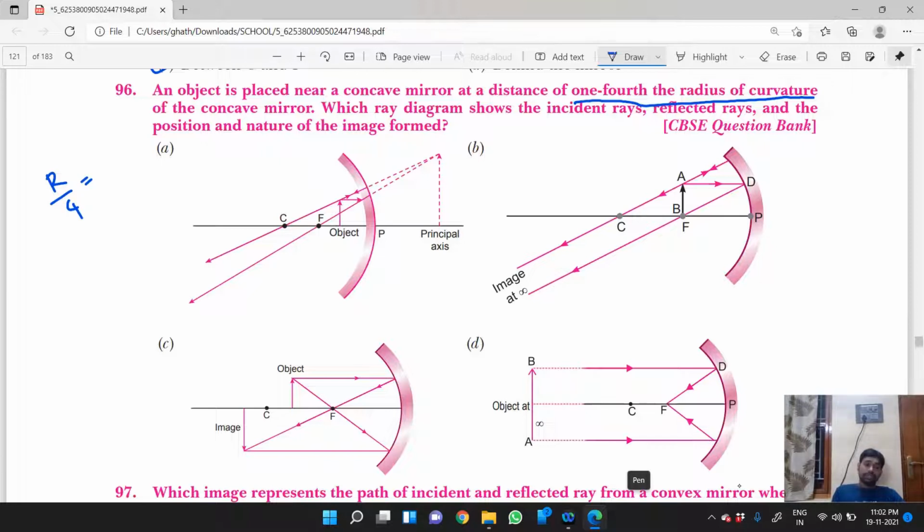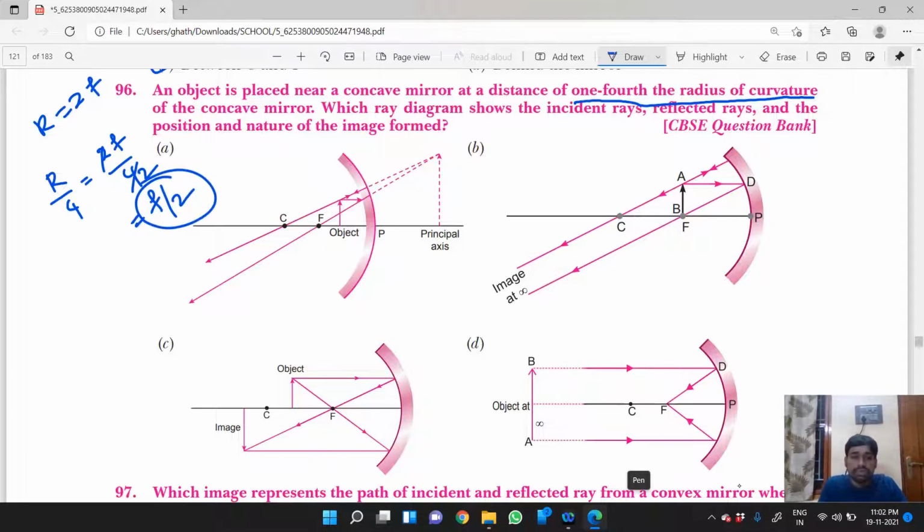See, radius of curvature is this, then focal length: R can be written as R is equal to 2f. Then it is 2f by 4, which is nothing but f by 2. Means the object is placed at f by 2. Where it is showing the appropriate answer, see here. It is exactly placed between the pole and focus, at f by 2 distance. Then if the object is placed between pole and focus, it forms a virtual enlarged image like this. Hence answer A is correct.